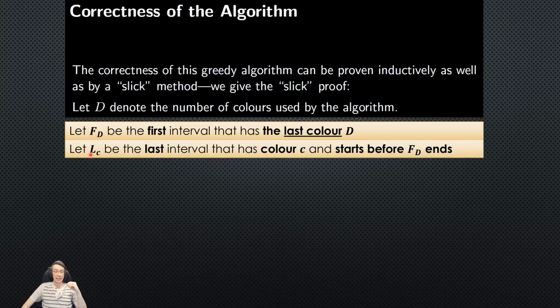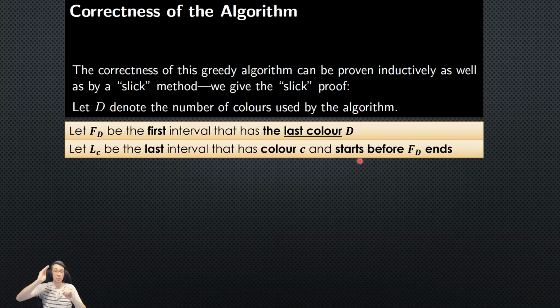Okay? And let LC be the last interval that has color C and starts before FD ends. So I don't care about the intervals that started after FD. I'm going to talk about the intervals that started before FD ends. I don't care about the ones that start after FD ends.